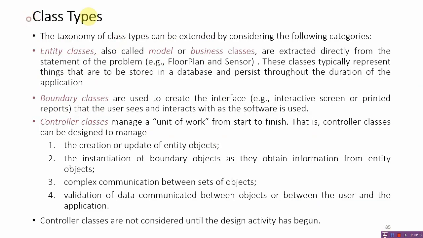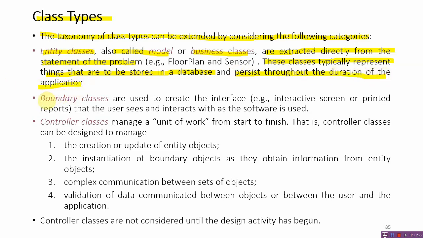Let us see various class types. So the taxonomy of class types can be extended by considering the following categories. Entity class, which is also called the model or business classes, are extracted directly from the statement of the problem. These classes typically represent things that are to be stored in a database and persist throughout the duration of the application.